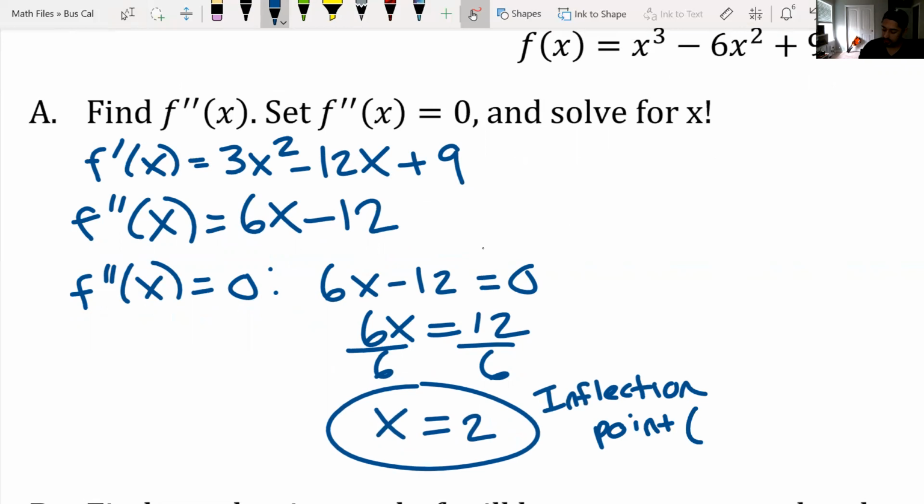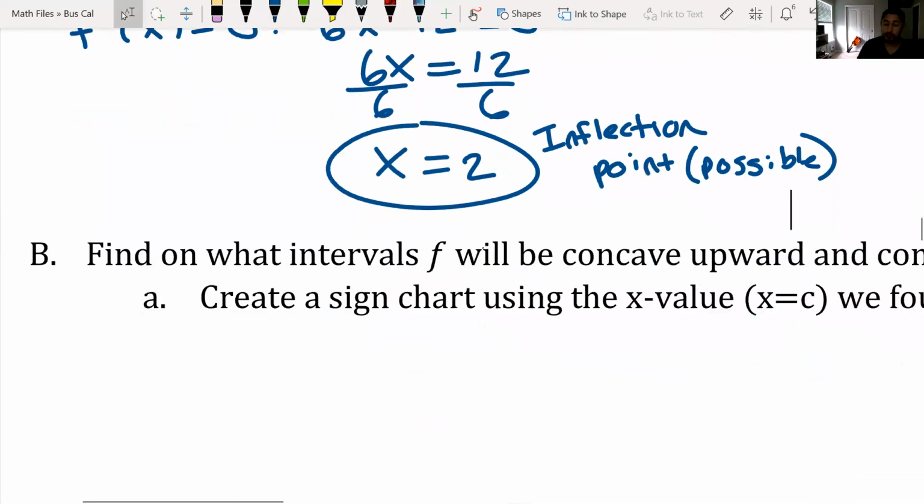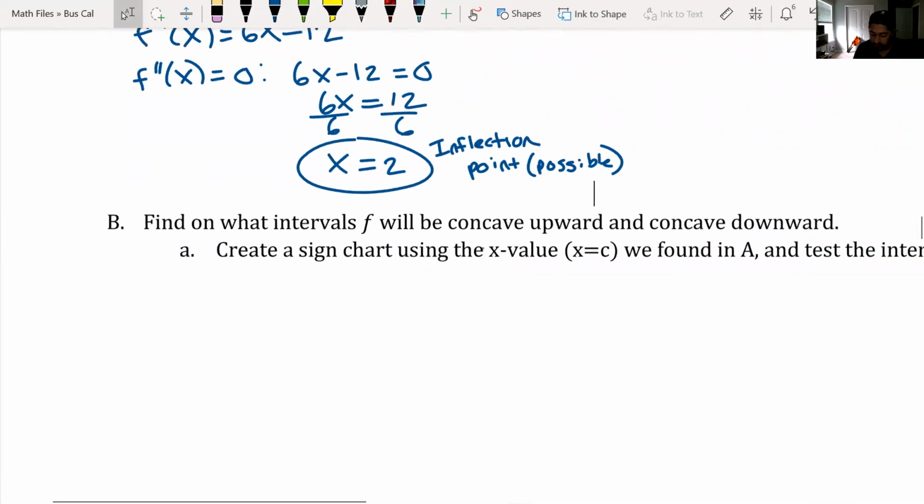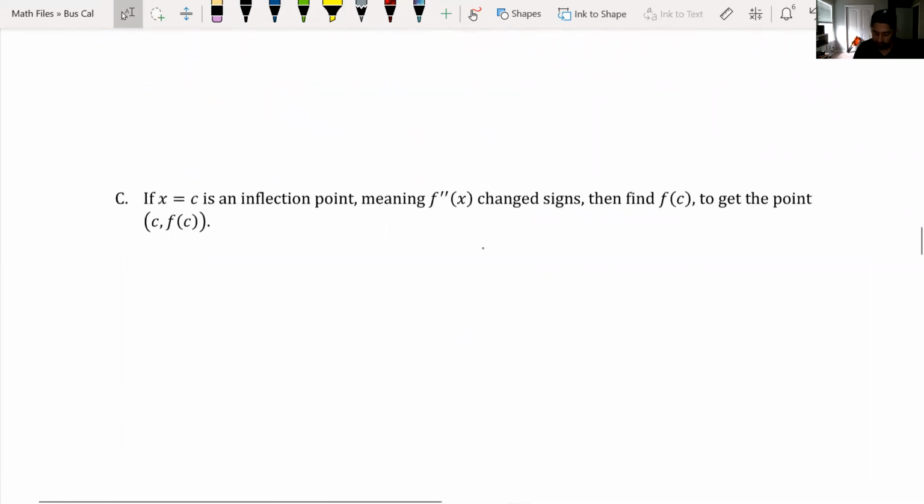And I'm going to say possible, because in order for it to be an actual inflection point, remember, concavity has to change. All right, so 2 is my possible inflection point. And now we want to see where we're concave upward, concave downward.